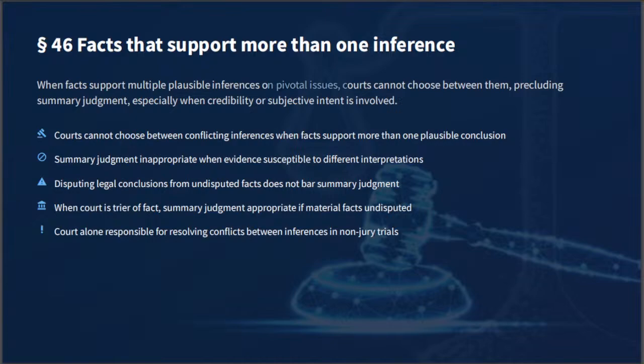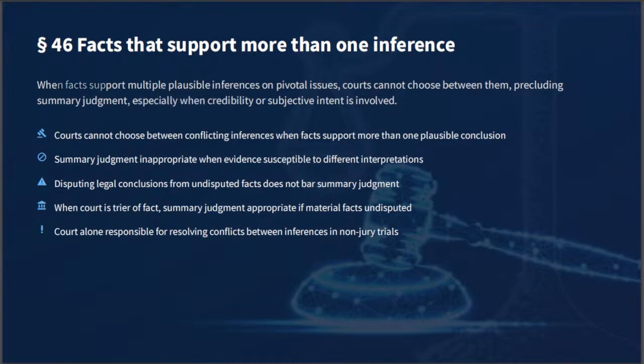So when facts support multiple plausible inferences from facts on pivotal issues, the courts cannot choose between them, precluding summary judgment, especially when credibility or subjective intent is involved, which would be, of course, for a jury.